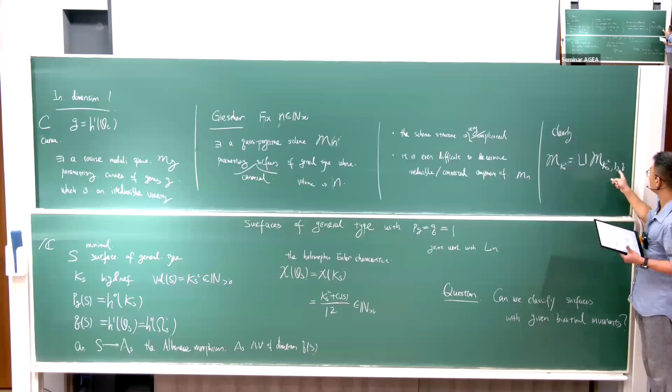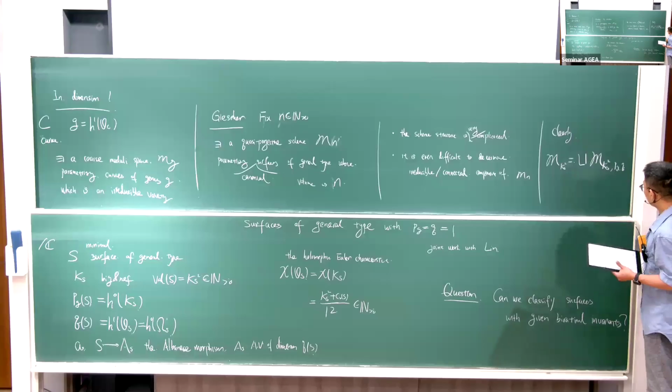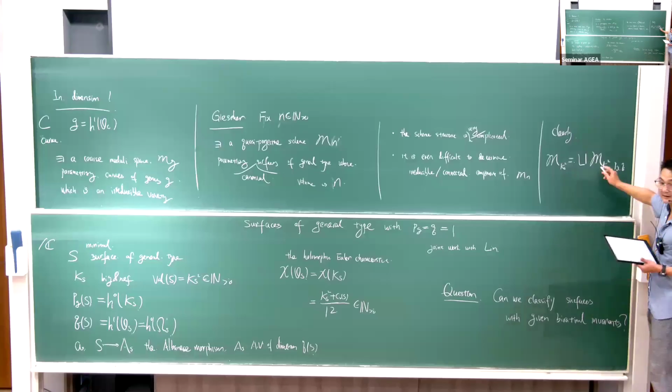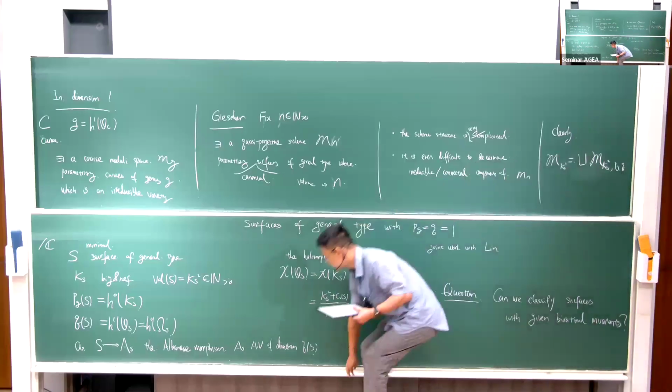Since the geometric genus and the irregularity are deformation invariants, these are disjoint unions. But still, if we fix the geometric genus and the irregularity, it's still very difficult to determine how many components it has.